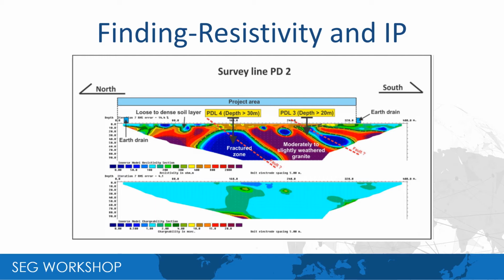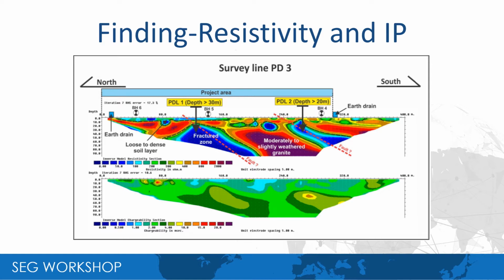Okay, then in PD number 3, there is also the same pattern as PD number 2 in the previous slide. The low resistivity value could represent the fracture zone with hot water, or maybe just normal water.